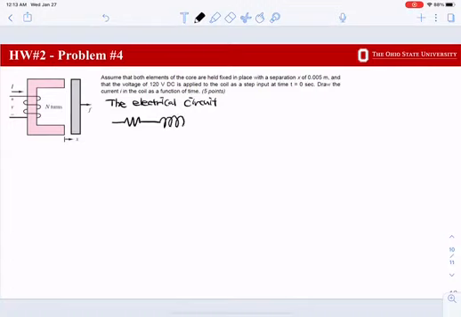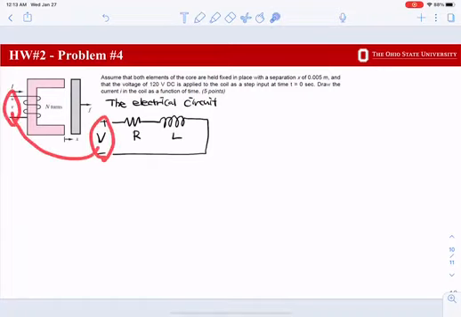And we have the coil here. We have the plus minus voltage here. We have the resistance R and the inductance here. So this is applied to the voltage, as mentioned in the problem 4 explanation.